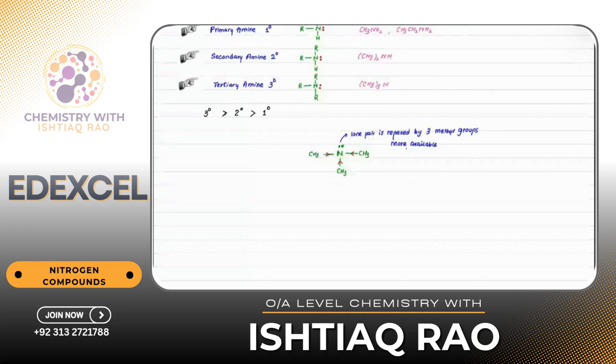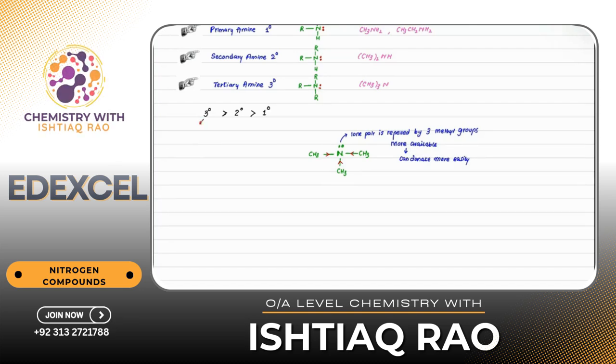It can lose its lone pair more easily, can donate more easily. So it would be a stronger base. Simple, the other one would be a weaker base. It's very easy, right? It's very easy to have an idea which is stronger and which is weaker, right?